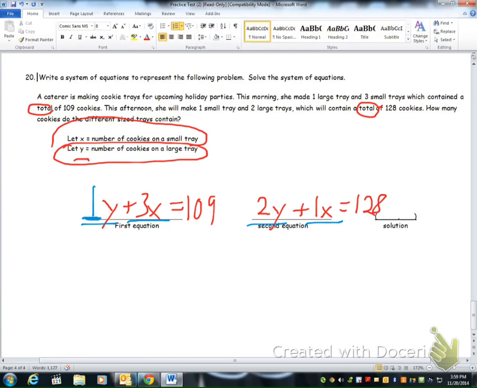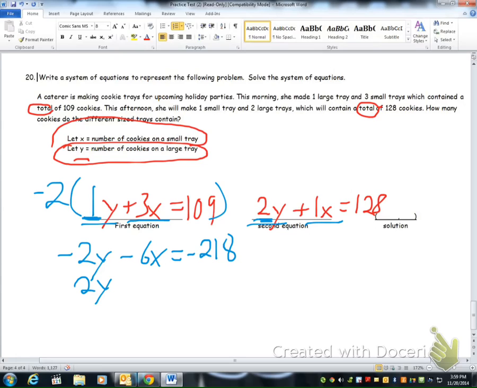So I need to multiply by something to make their coefficients the same. So since this is 1y and this is 2y, I can multiply this whole equation by -2, and that would give me -2y. I know I can do that because as long as I do the same thing to both sides, the equation is still true. So I get -2y minus 6x equals -218. And now I can line them up and add them to eliminate.